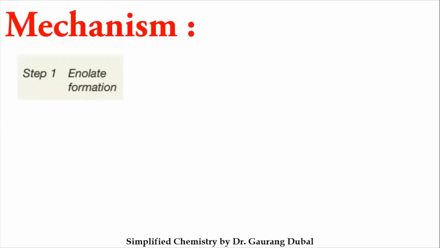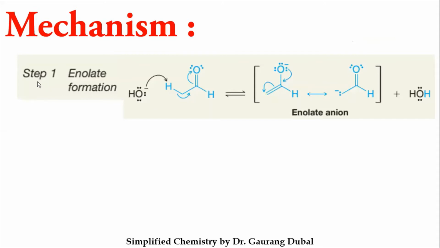So the mechanism for this reaction: you can see the first step is formation of the enolate ion. How can it be formed? We just have to take a base catalyst which will react with the acetaldehyde at the alpha hydrogen. You can see the carbonyl carbon is this one, so this carbon will be called the alpha carbon, and the hydrogen present on the alpha carbon is known as the alpha hydrogen, and it will be affected by the base.